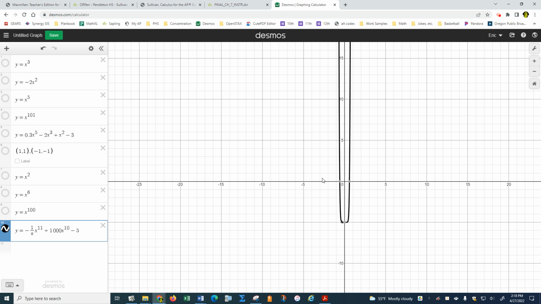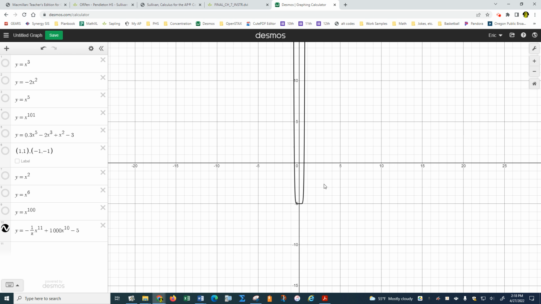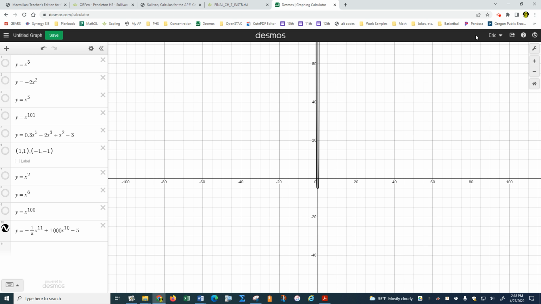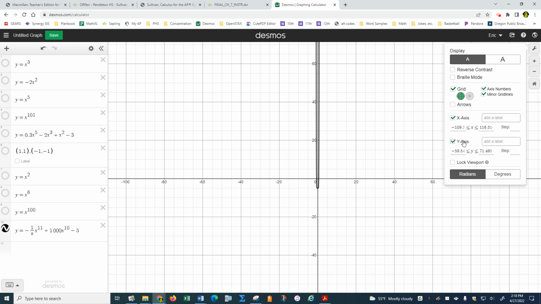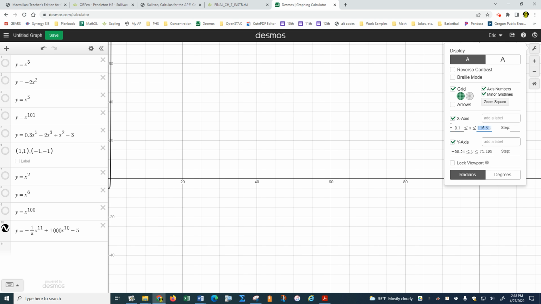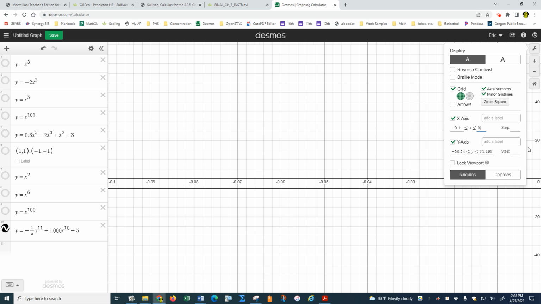And I might have to zoom out a ways to see that because I got a really big coefficient of x to the 10th. But guaranteed, if I zoom out far enough, let me do this. I'm going to tweak this a little bit. So I'm going to make my x go from negative 0.1 to positive 0.1.